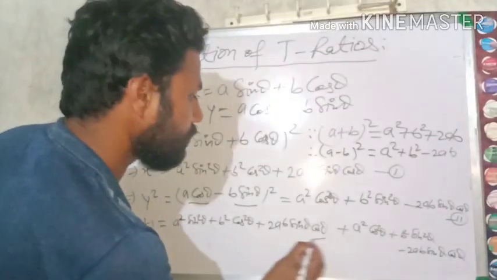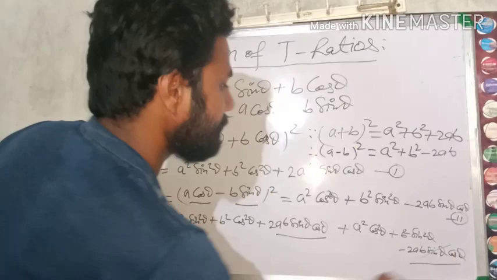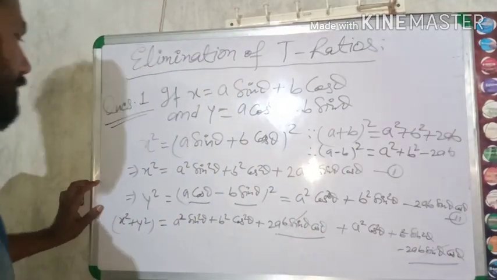This is plus 2ab sin theta cos theta and this is minus 2ab sin theta cos theta. It is cancelled.